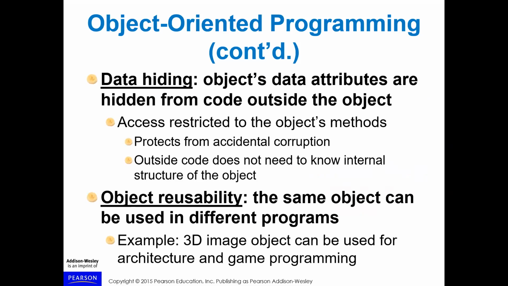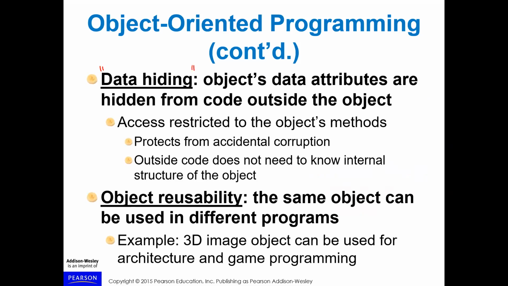Object-oriented programming, there are several ideas associated with this. One of them is data hiding. Objects' data attributes are hidden from code outside of the object. So that is to say they only exist within the object. You no longer have these variables available for everything in your code.